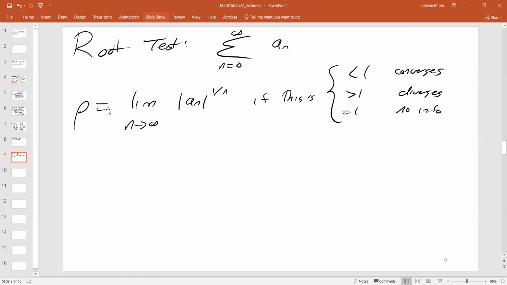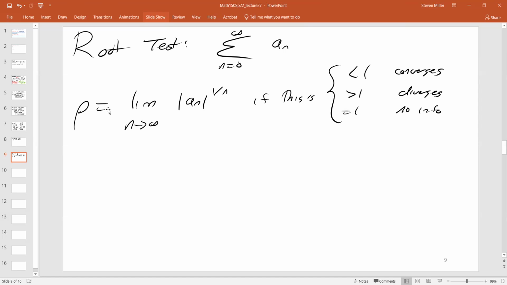So the proof is extremely similar to the proof of the ratio test. Again, it's trying to find what's going on. I'm not going to bother going through the proof of the root test. If you want to see it, email me.